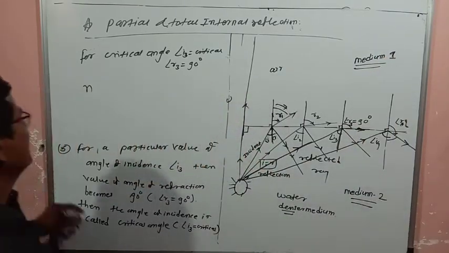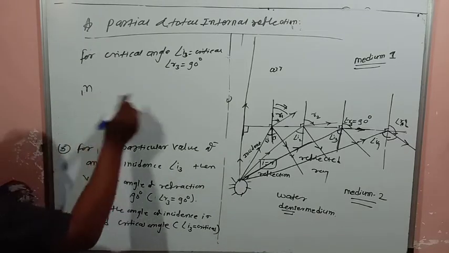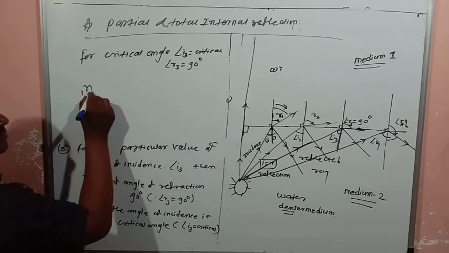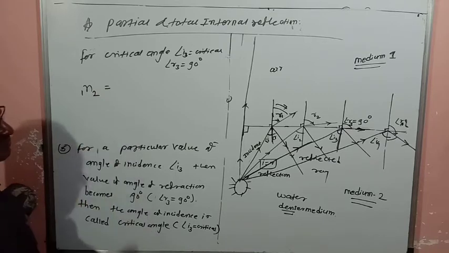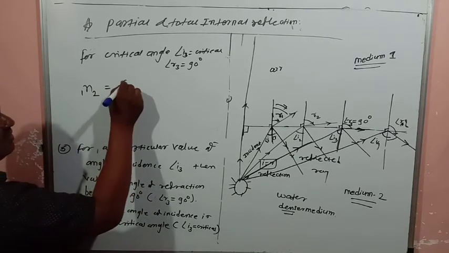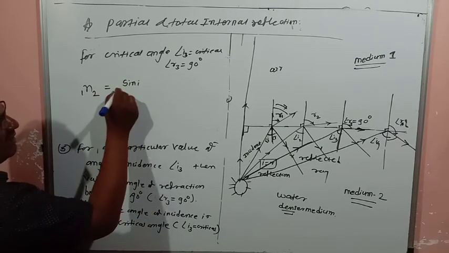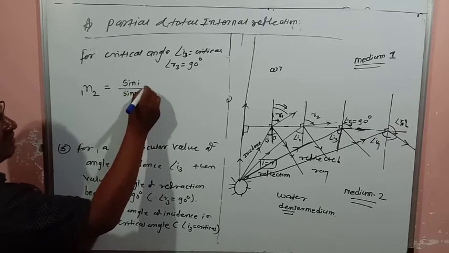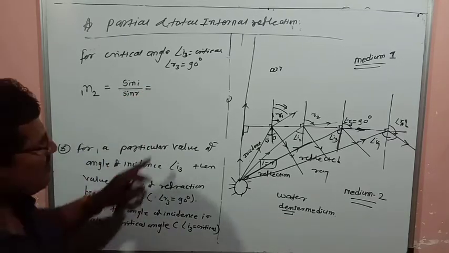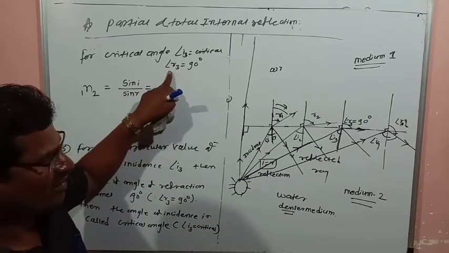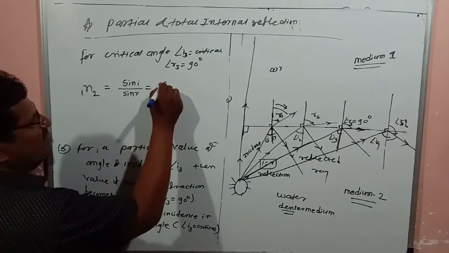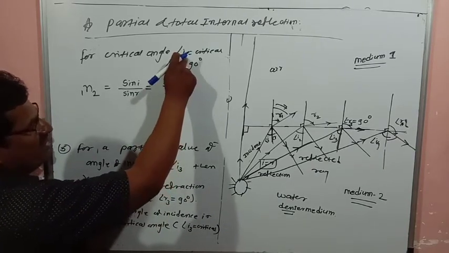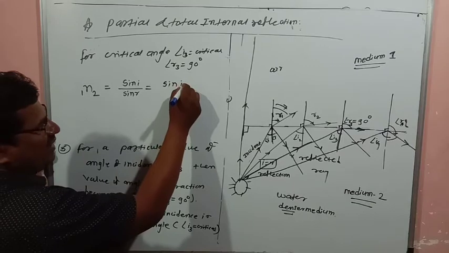Then refractive index of first medium, that means air, with respect to second medium is equal to sin I upon sin R. But here for critical angle, we have taken critical angle I3, sin I3 upon sin R3.